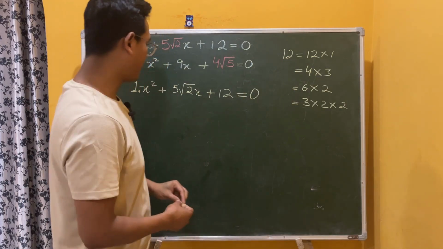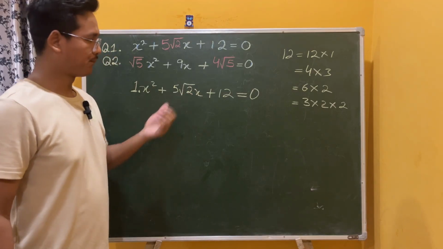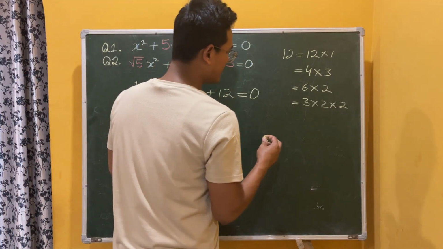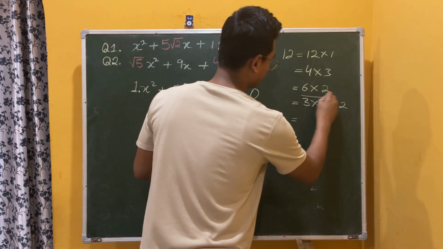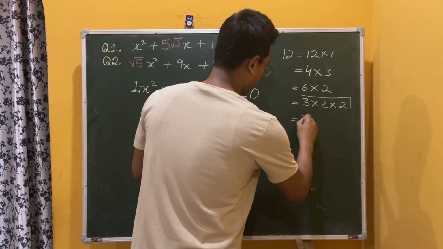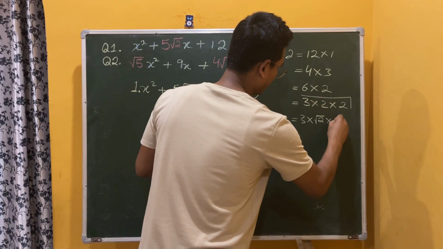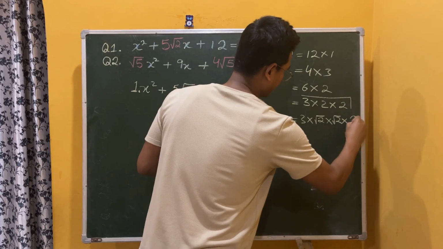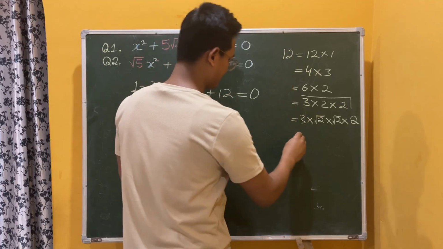Now, the middle term contains root 2. So among these, I'm going to use this one. We'll further break one of the 2s as root 2 into root 2. So still the product is 12.